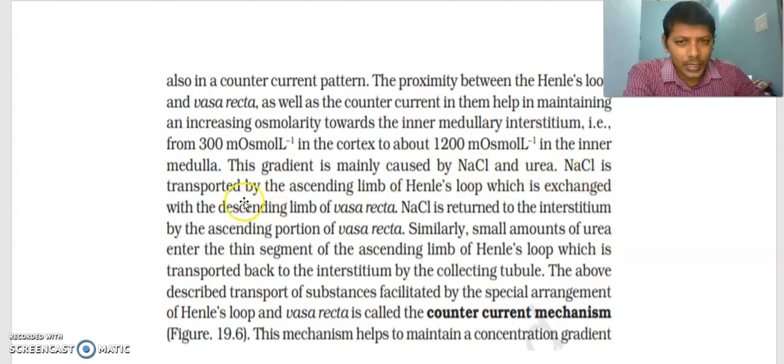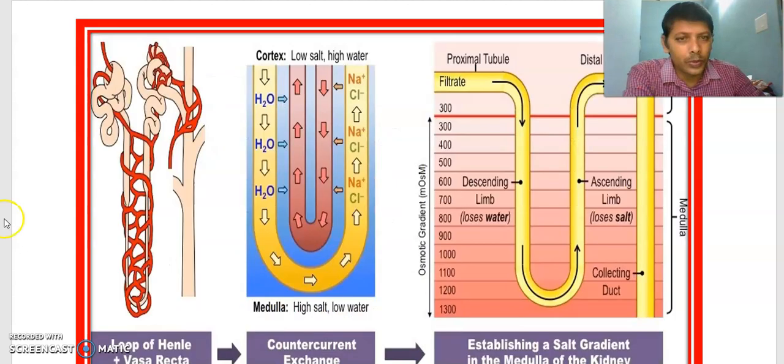NaCl is transported by the ascending limb of Henle's loop, and it is exchanged. This is the counter current exchanger system.